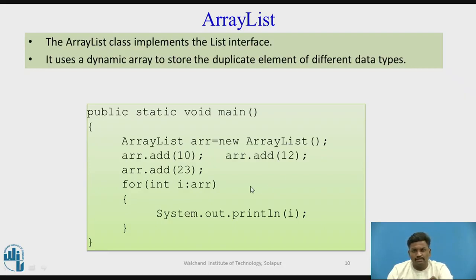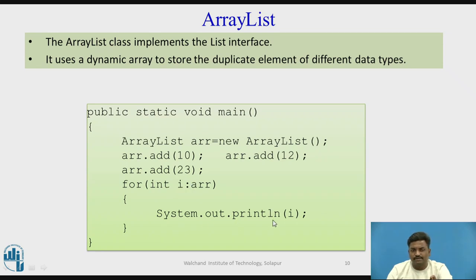Here, to display all these elements, we are going to use a for each loop in Java. How are we going to declare a for each loop in Java? It is simple. for int i : arr. Here all the elements are of type integer. So int i colon arr is going to have a pointer which is going to run sequentially using a pointer named i.